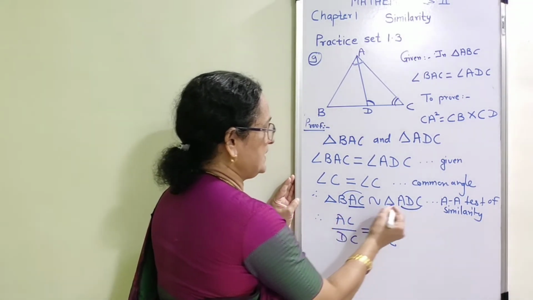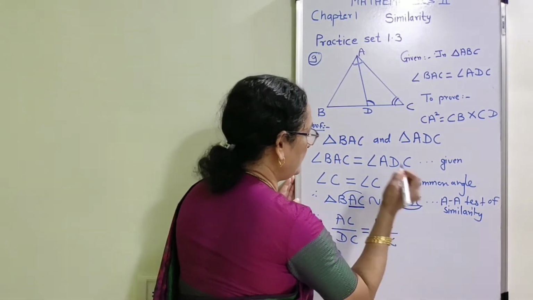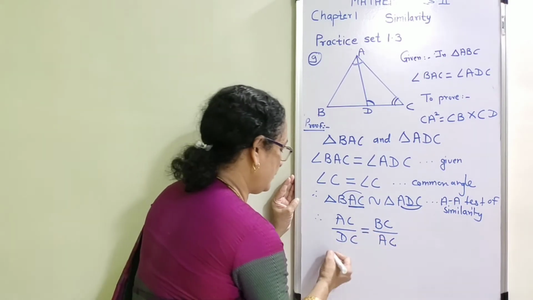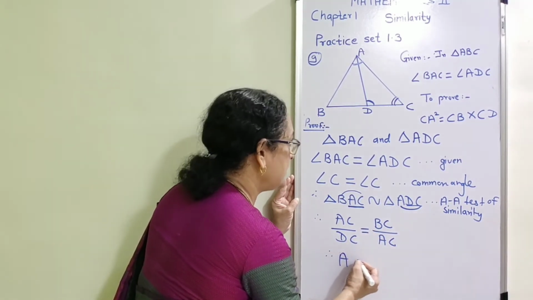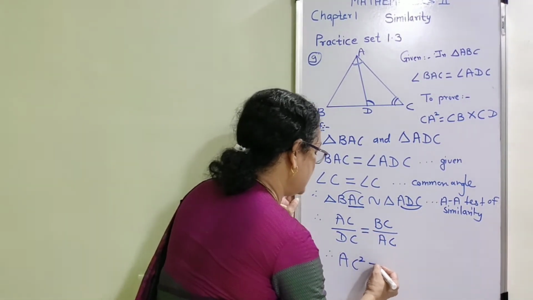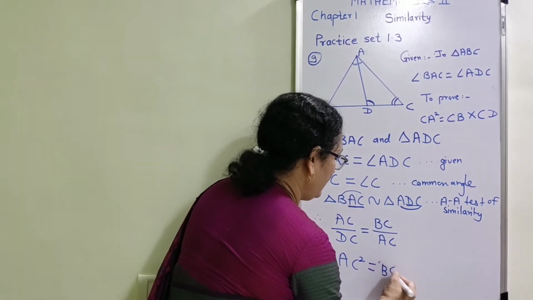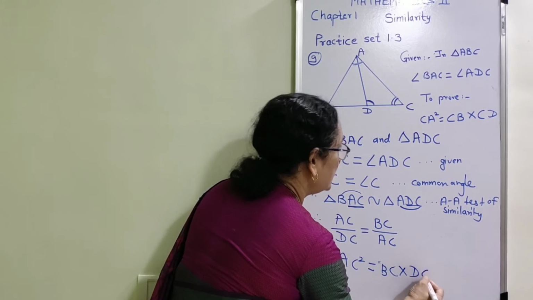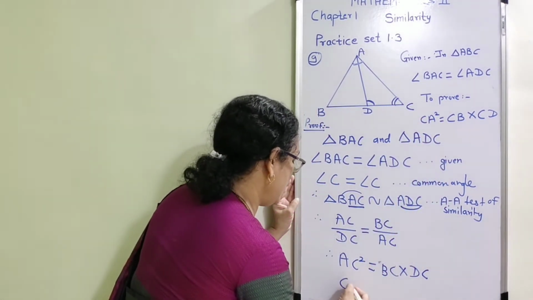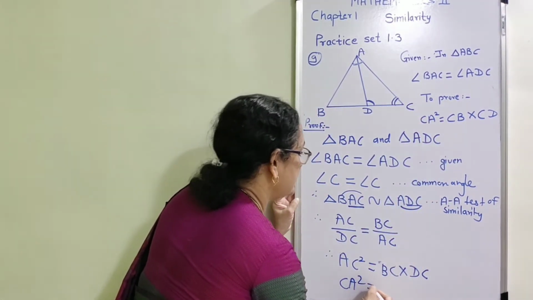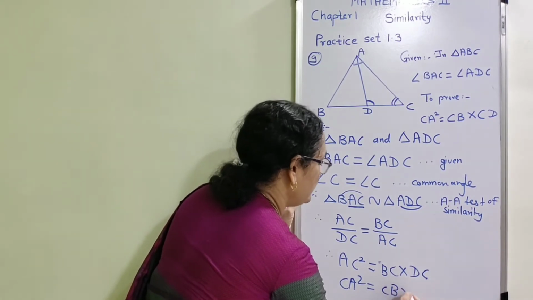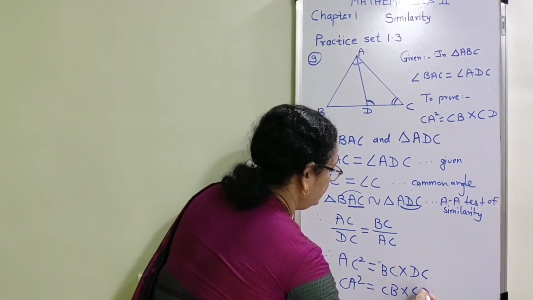Please observe that I have taken BC upon AC as well as AC upon DC, and therefore by cross multiplying I will get AC square is equal to BC multiplied by DC. That is what is given, that CA square is equal to CB into CD.